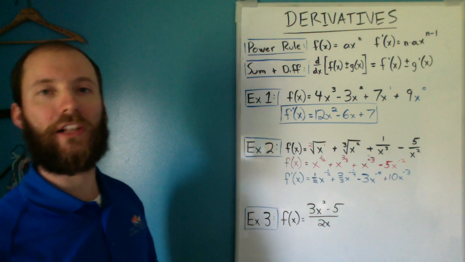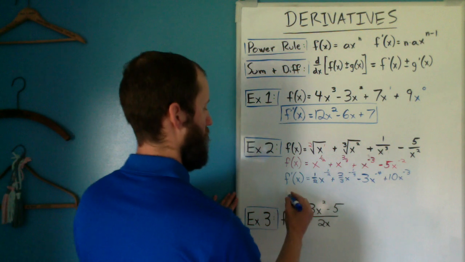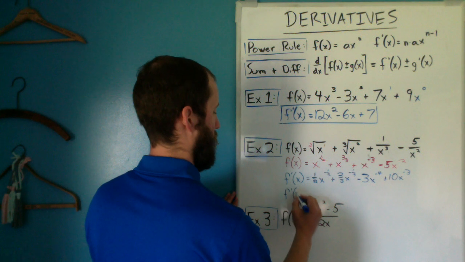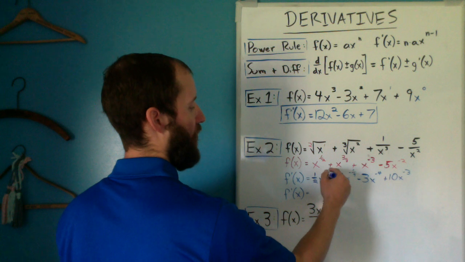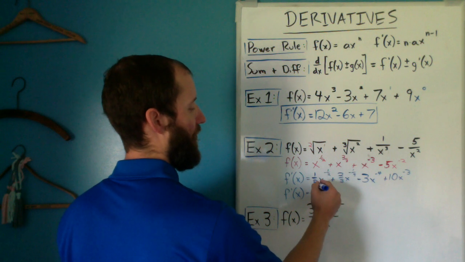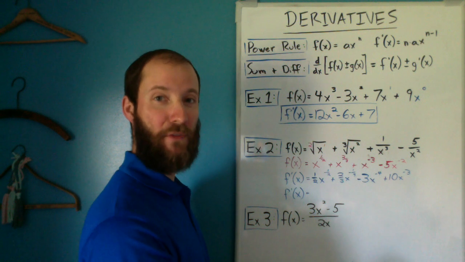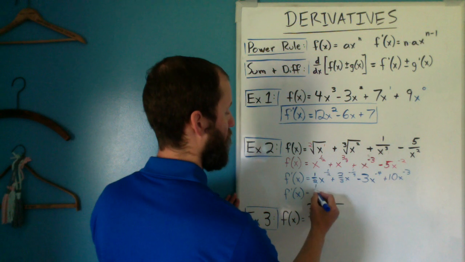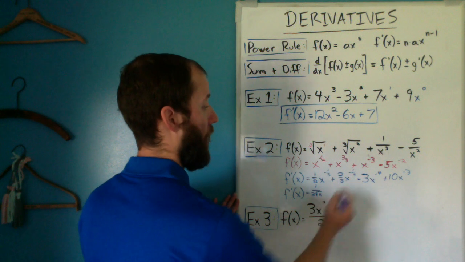Now, we could clean this up a little bit if we wanted to. I'll show you briefly. This x to the negative 1/2, we could move it back down to the denominator, so it becomes a positive 1/2 exponent. And then the 1/2 exponent gives us a square root. So 1 over 2 root x. Same thing here.